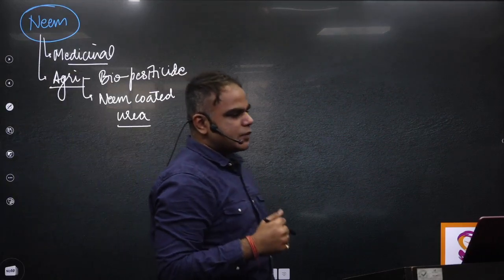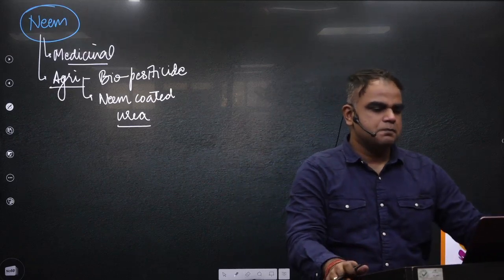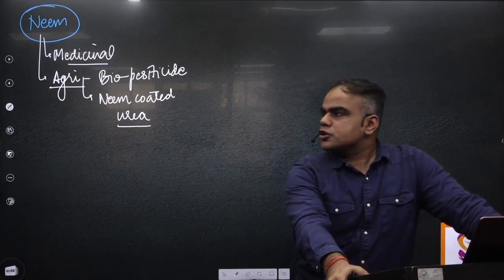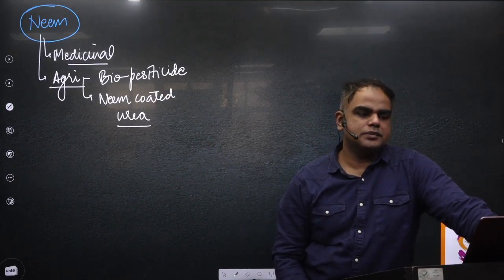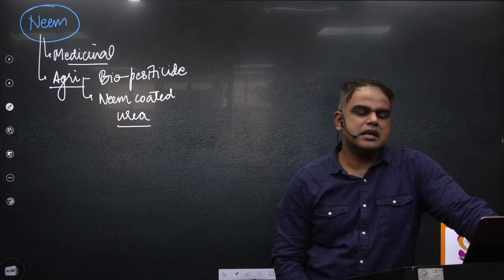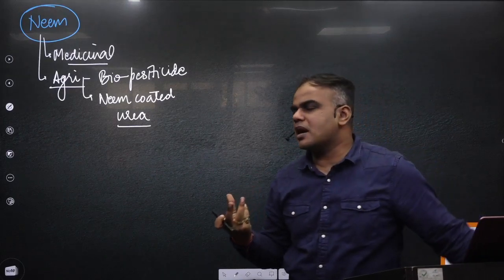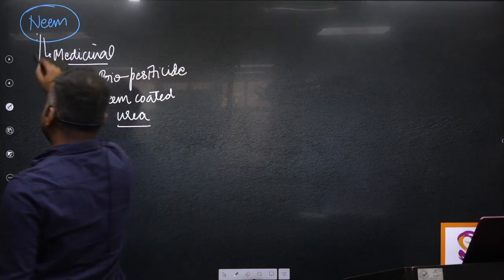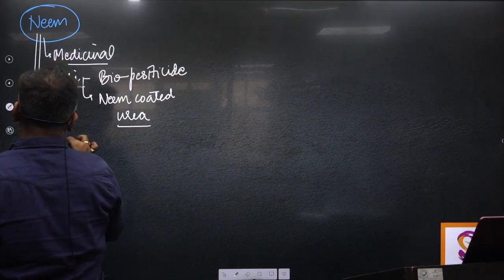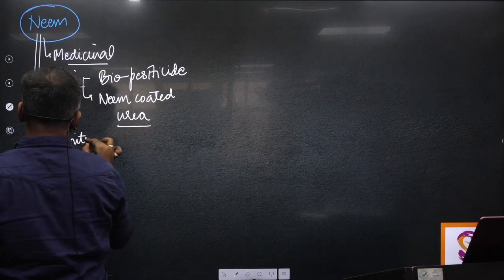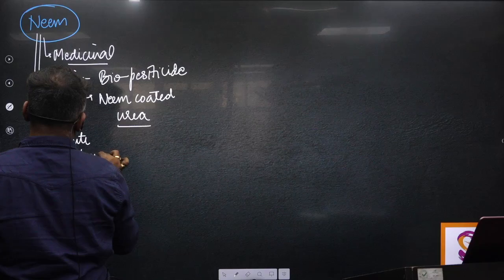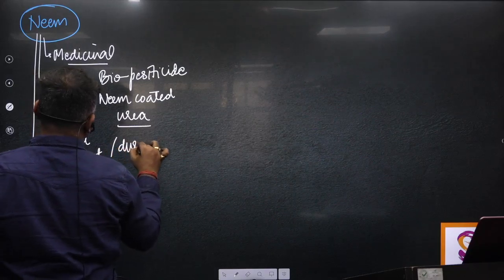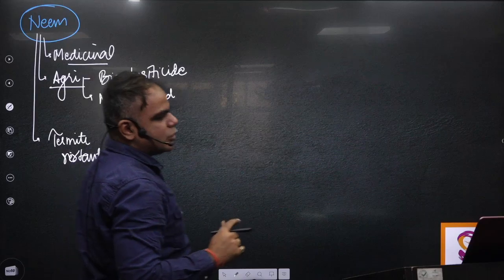Other than that, there are few things that we can talk about. Okay, for example, it is also an insect repellent, neem. Additionally, the neem wood, so timber will also be a part here. So neem wood is termite resistant, more durable. Okay, that can also be written.